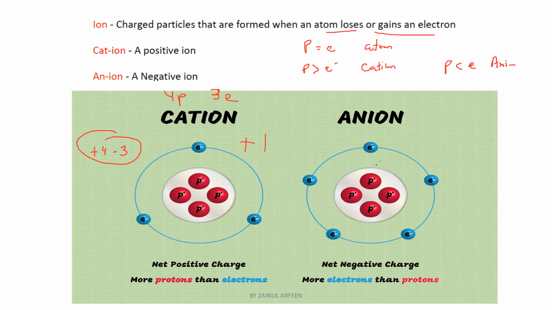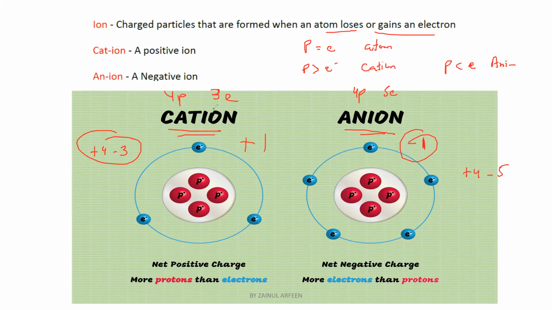And when you check the other one, it contains 4 protons and 5 electrons. When you work out the charge, 4 protons means plus 4, 5 electrons means minus 5. So the total charge comes out as minus 1. The negative ions are known as anions, whereas positive ions are known as cations.